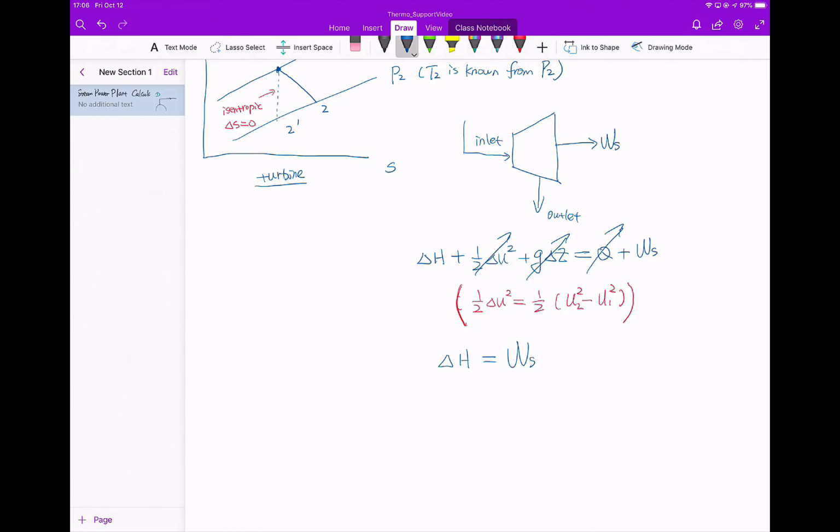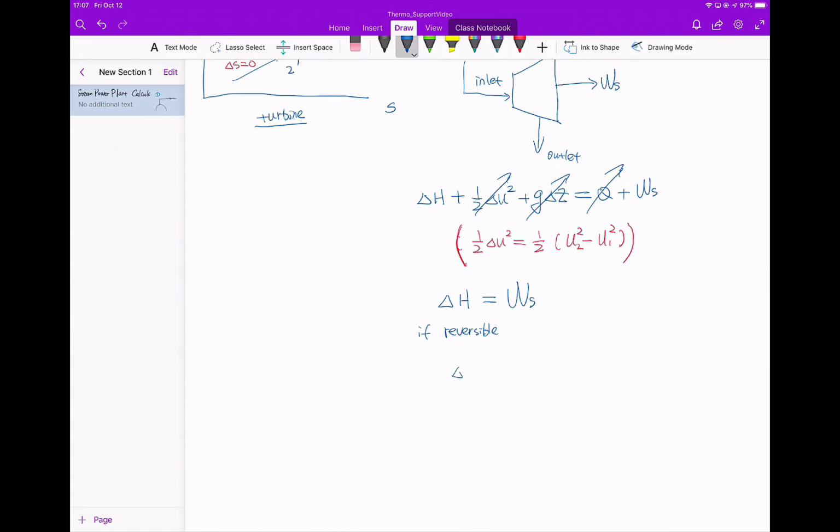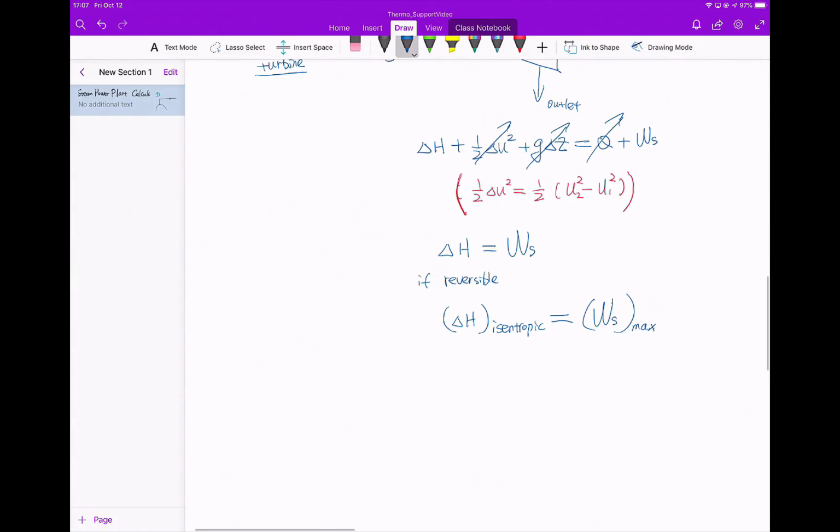And then according to Carnot, the maximum efficiency comes from the reversible process. So if reversible, then delta H along this isentropic would be the maximum shaft work.